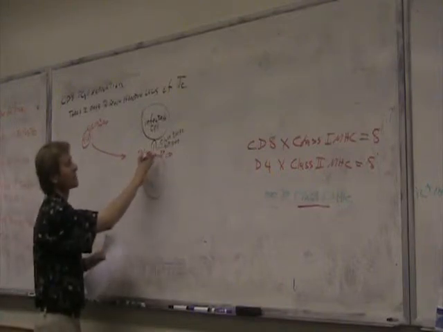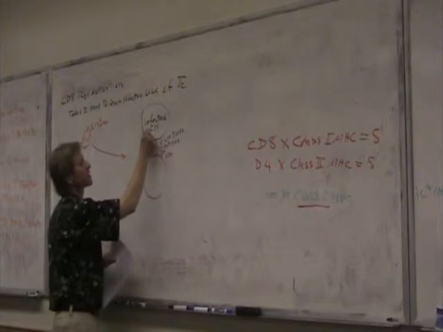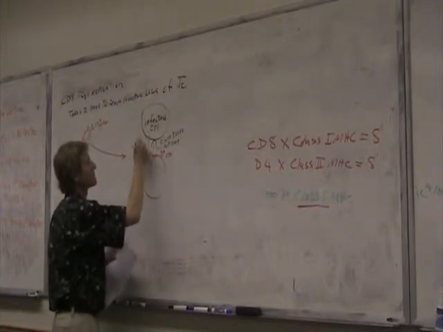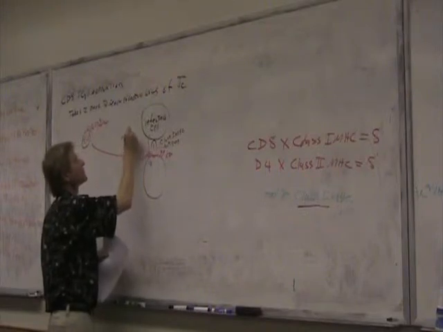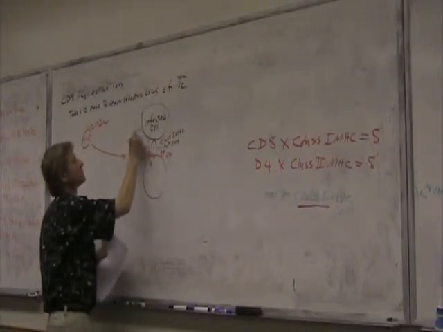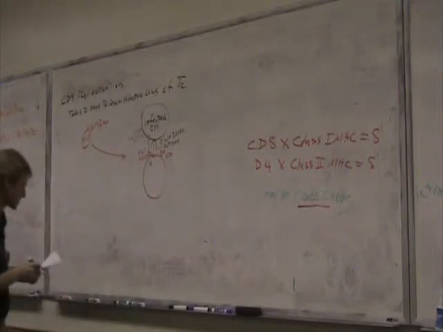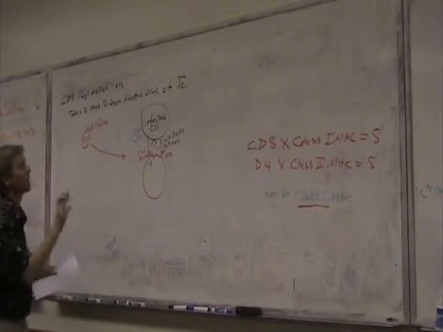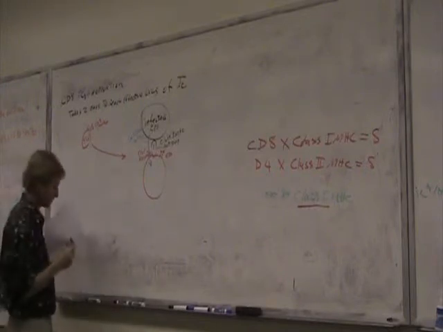It recognizes this, and then something happens called co-stimulation. Co-stimulation is a binding at another site on the cell.